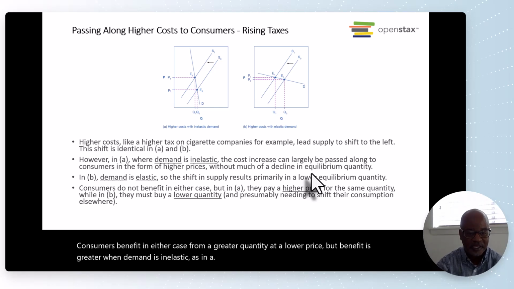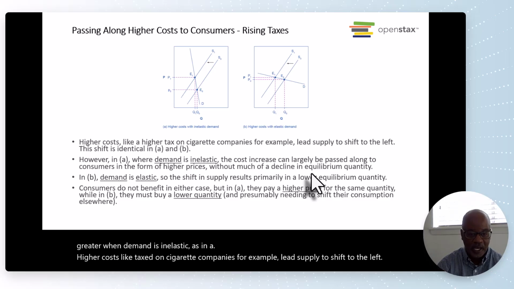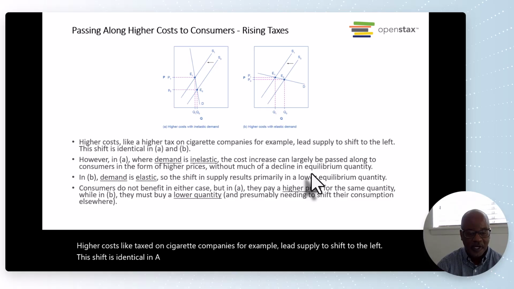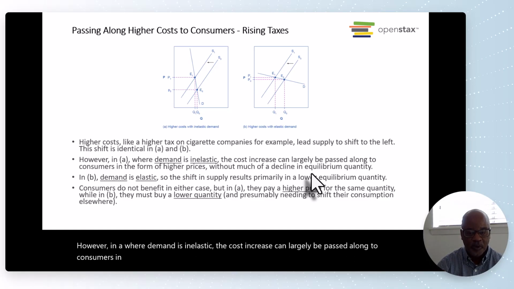Higher costs, like a tax on cigarette companies, for example, lead supply to shift to the left. This shift is identical in A and B. However, in A, where demand is inelastic, the cost increase can largely be passed along to consumers in the form of higher prices without much of a decline in quantity.